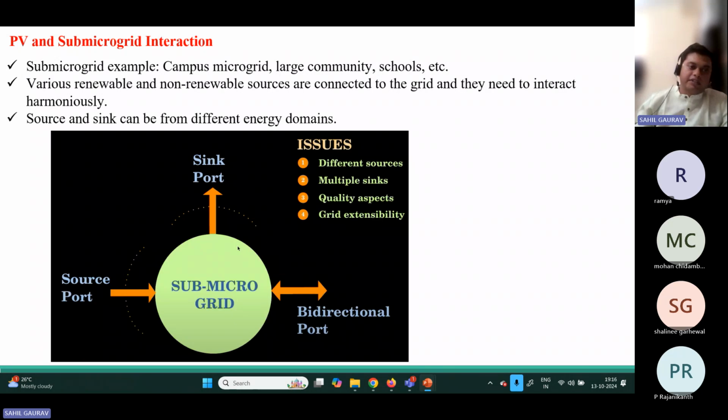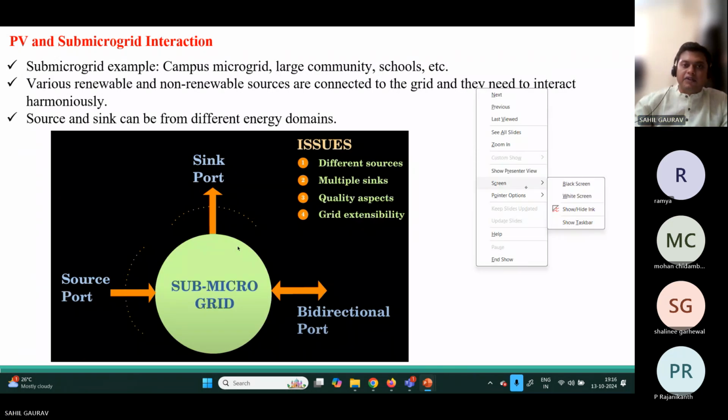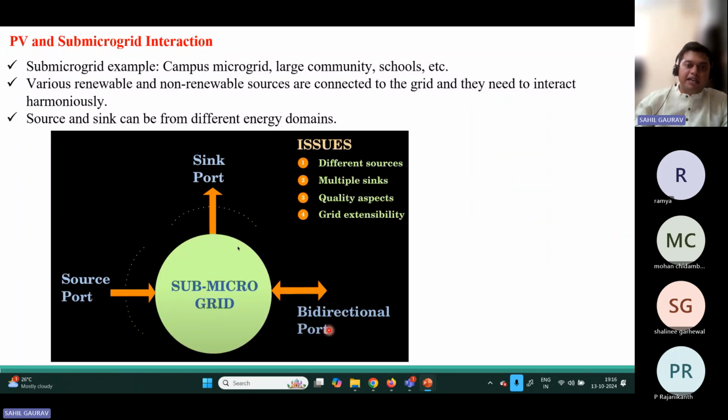In the source port, we have the sources, while in the sink port, we have the loads. And in the bidirectional port, you can take a battery, where you have power flow in both directions. You are taking power from the battery, and you are giving power to the battery for charging it also.